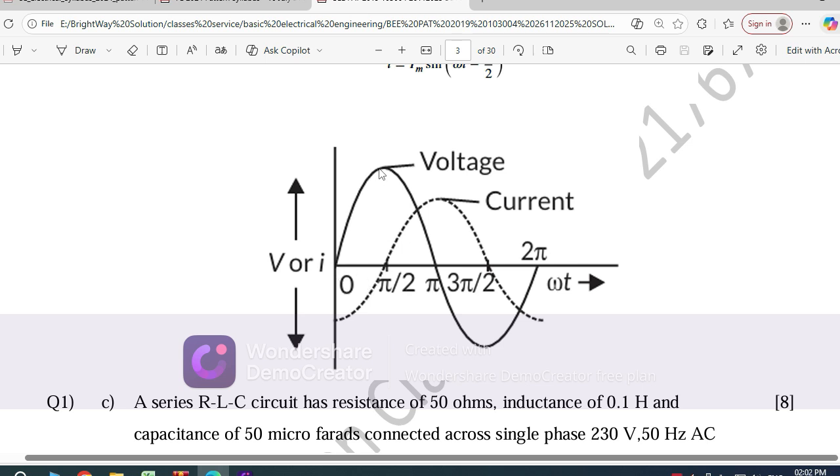This is the main reference voltage waveform starting from 0. After an interval, the current gets introduced in the circuit, because by the nature of the inductor, it opposes a change in current. So this is a question for 6 marks.